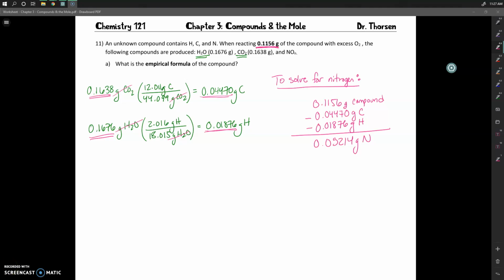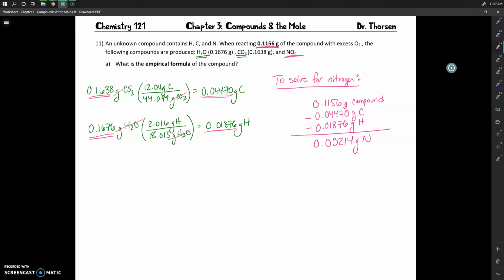Now, to solve for the amount of nitrogen in the original compound, when we get down to just 1 element being left, this is why we don't have to worry about this nitrogen oxide thing that's being formed, because once we know how much carbon and hydrogen are in the original compound, it's easy to solve for the amount of nitrogen in that original compound by just subtracting the masses from the overall compound mass.